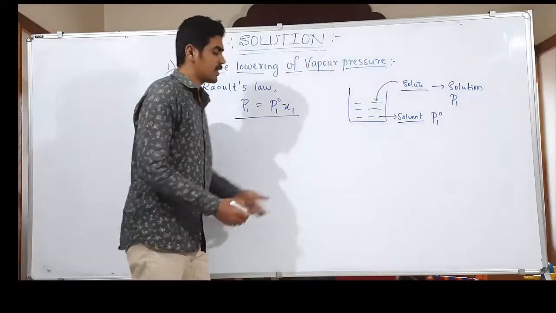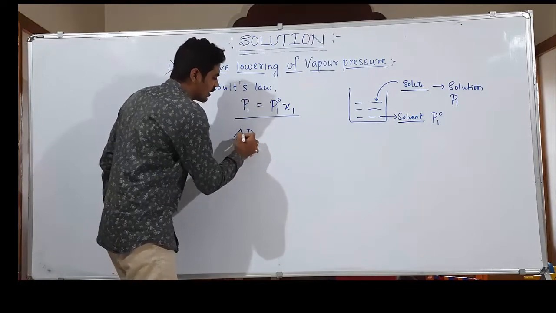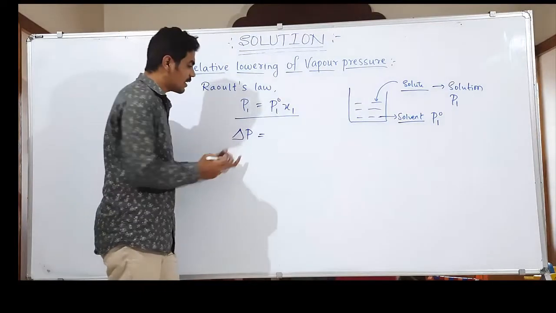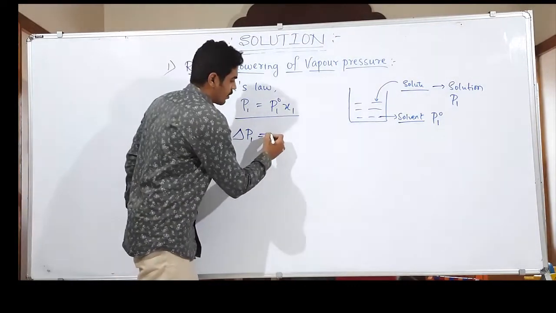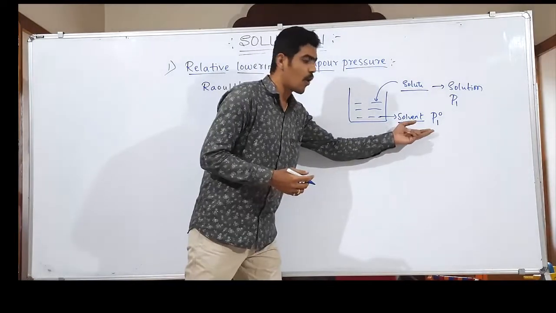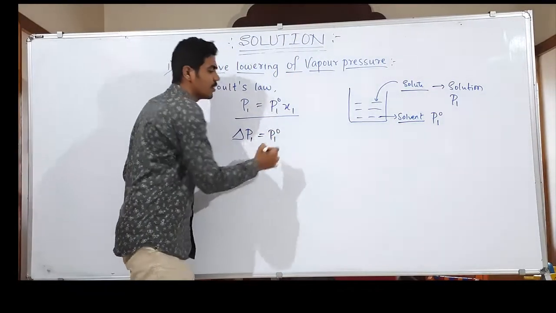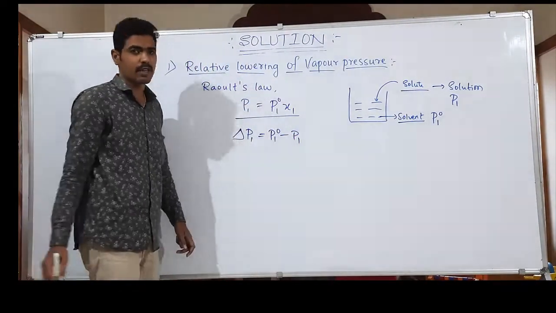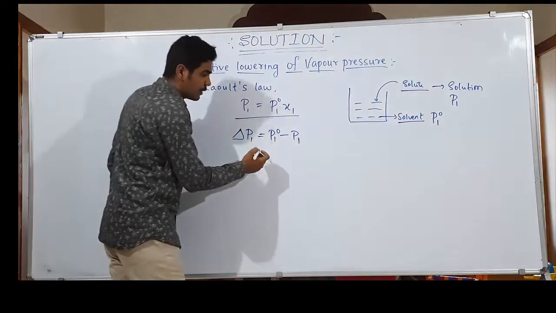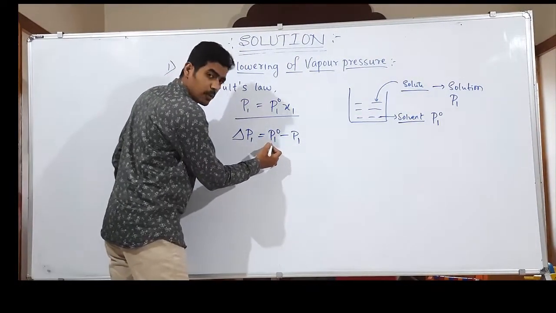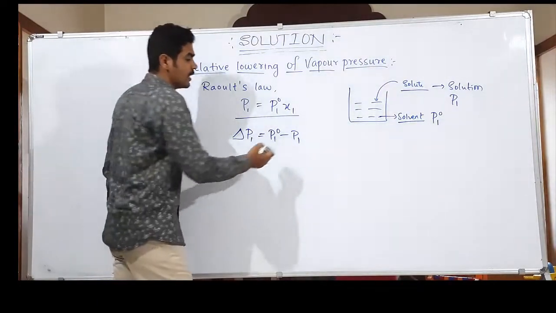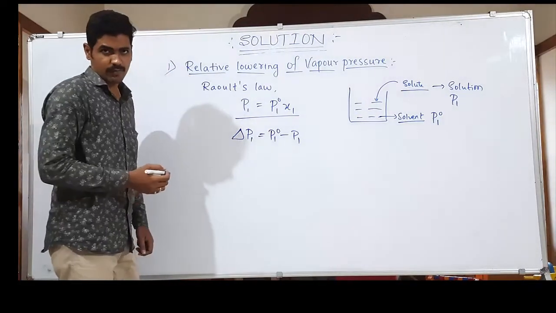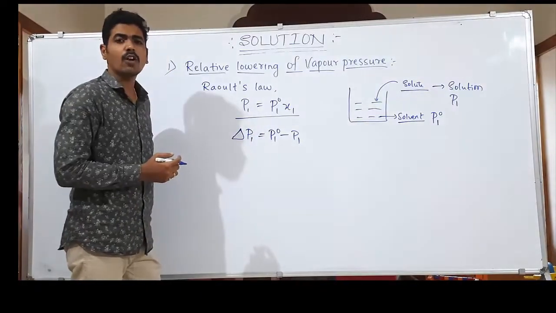If I want to calculate the change in the vapor pressure, it is represented as delta P1 is equal to the vapor pressure of the pure solvent, P1 naught, minus the vapor pressure of the solution, P1. So by taking the difference, we get the change in vapor pressure after the addition of the non-volatile solute.